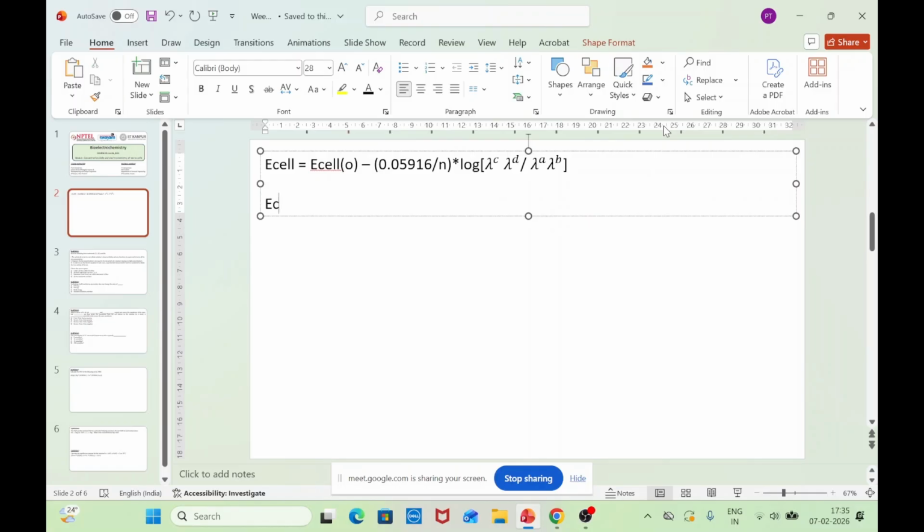Now under equilibrium condition, E cell is going to be equal to 0. So that means E naught cell will be nothing but it will be equal to 0.05916. This will be under equilibrium condition.